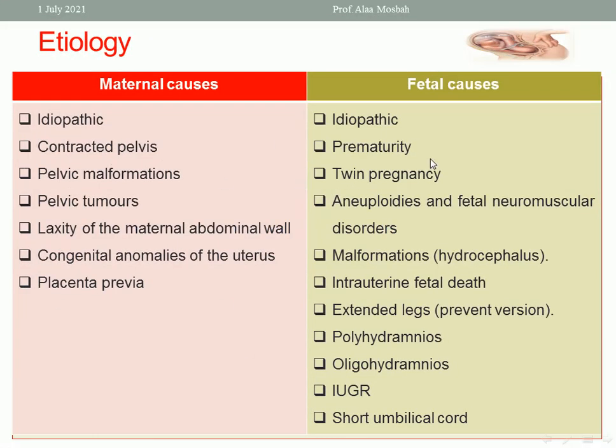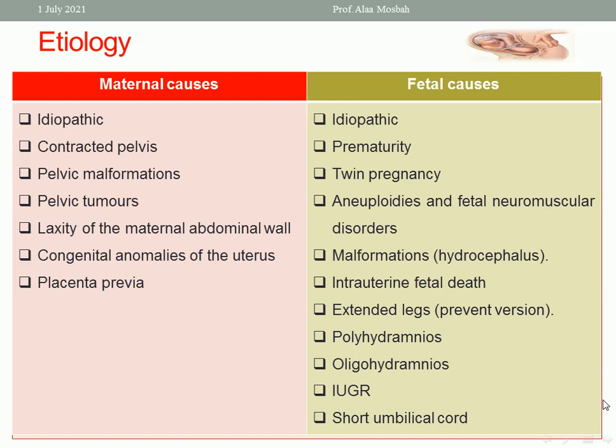What is the etiology? The etiology may be idiopathic, but there are some maternal causes and fetal causes. Maternal causes are related to the contracted pelvis, pelvic malformations or abnormal shape pelvis, pelvic tumor, congenital anomalies of the uterus, placenta previa, and the laxity of the maternal abdominal wall.